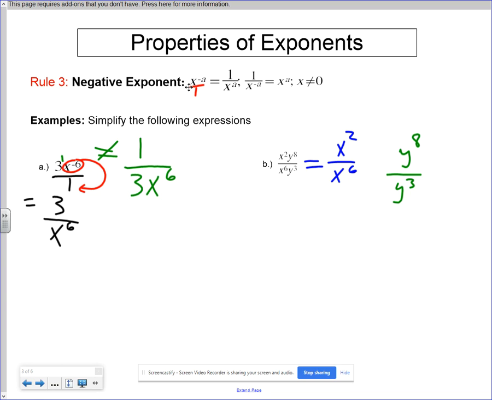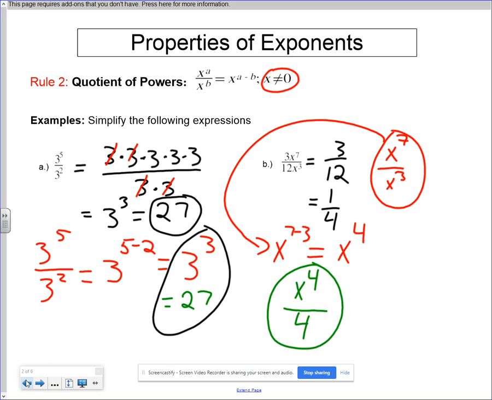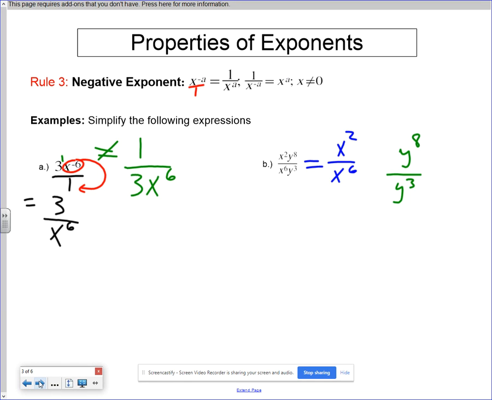Working with the x's here, if you remember our last rule, it was the quotient of powers. We can rewrite this as x to the 2 minus 6 by that quotient of powers rule, and that's x to the negative 4.